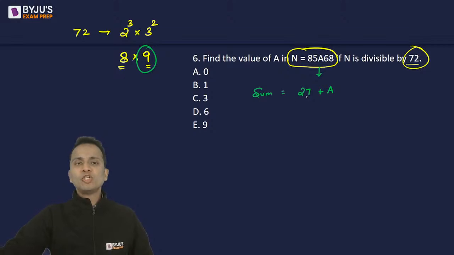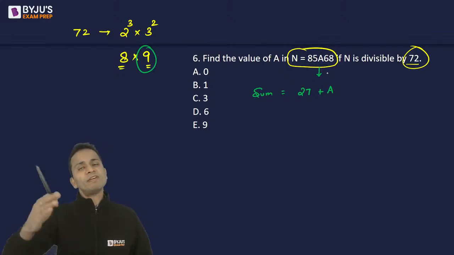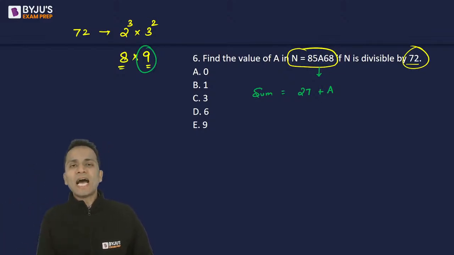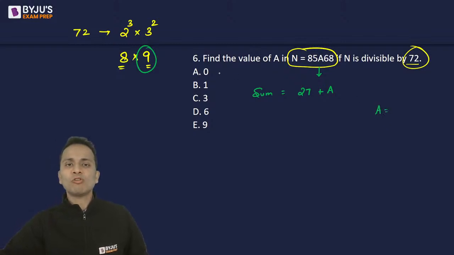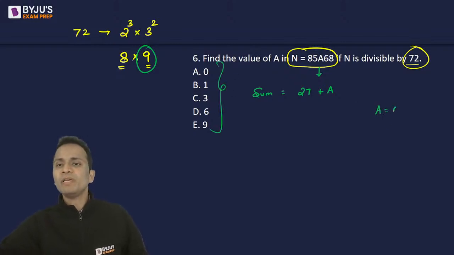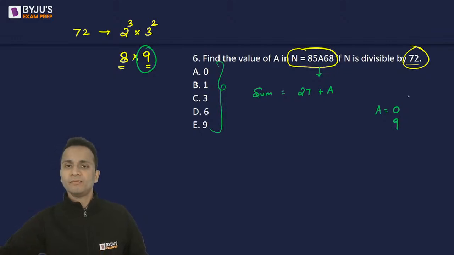Now, for this number to be divisible by 9, the sum of the digits should be divisible by 9. Okay, now 27 plus A. 27 में क्या add करें कि number 9 से divisible हो जाए? Now 27 is already completely divisible by 9. So the value of A that I can substitute out of these options can be either 0 or 9.